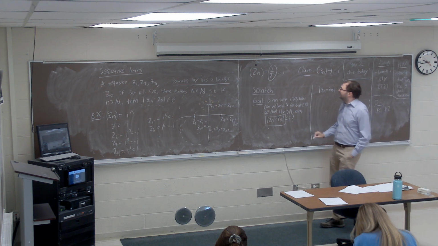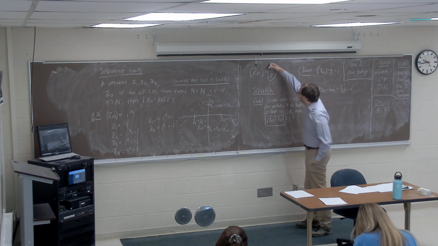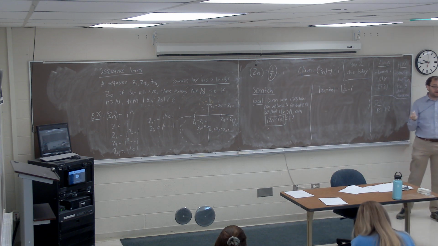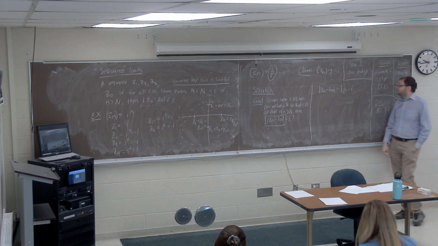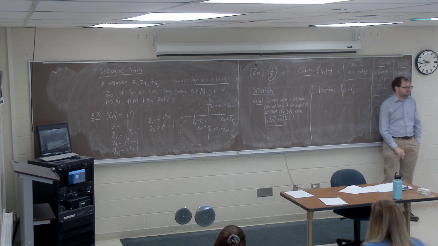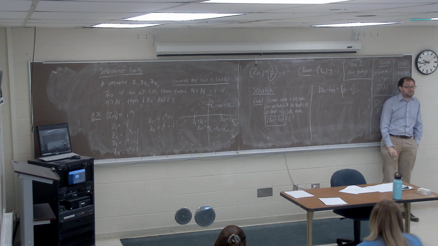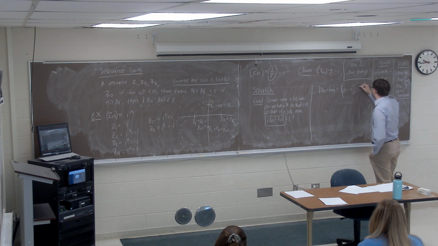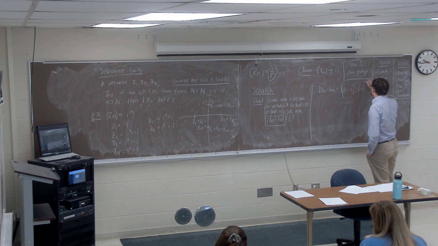Maybe I can draw that a little better. That's supposed to be a dot for the i. So the nth term in our sequence is just going to be i over 2 to the n minus i. And Gary, what's going to be our z naught? In other words, what's the value that Ginger claimed the sequence is going to converge to? Negative i. Yeah, so we need to subtract off that negative i.